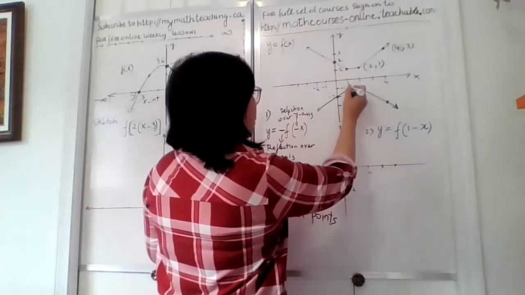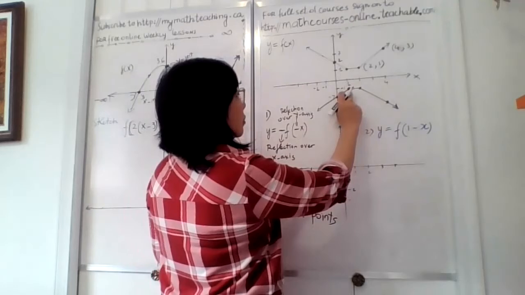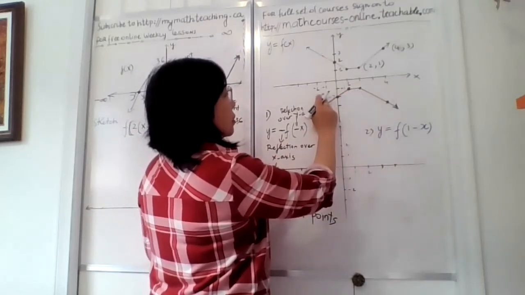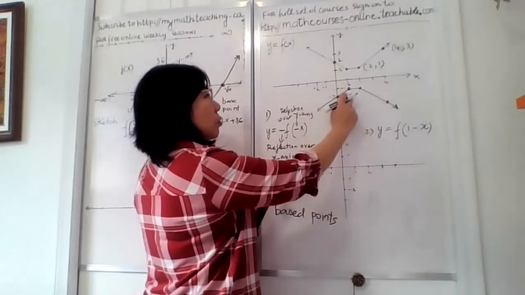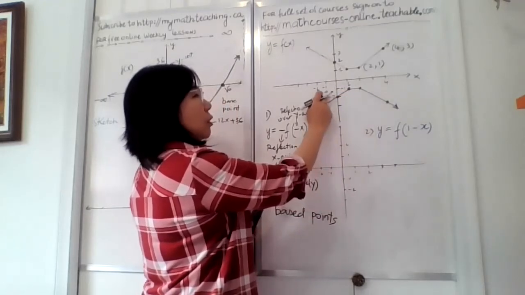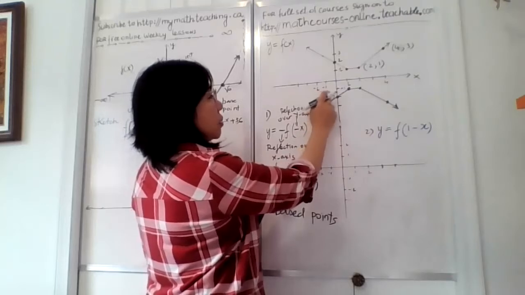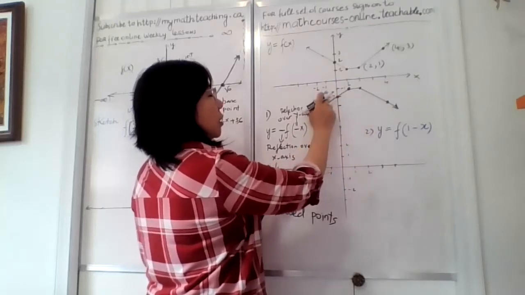So when we do reflection over the y-axis, what coordinate will be changed? Do we change coordinate x or coordinate y? Obviously, the y level is not changing, but the x has to be the one you change, right?